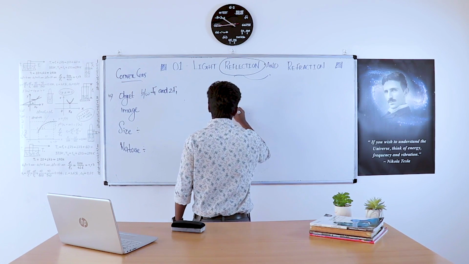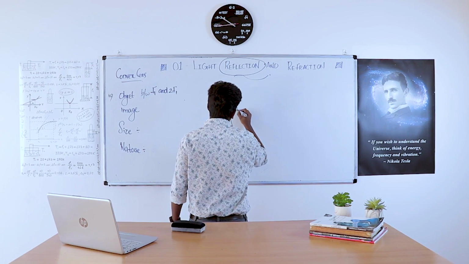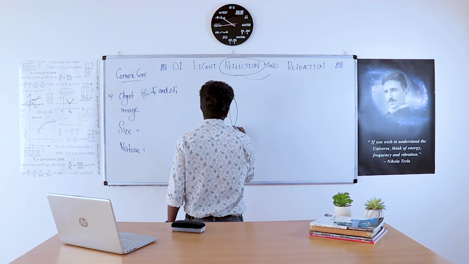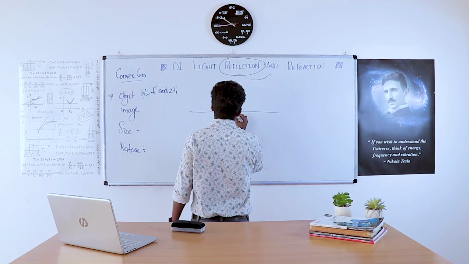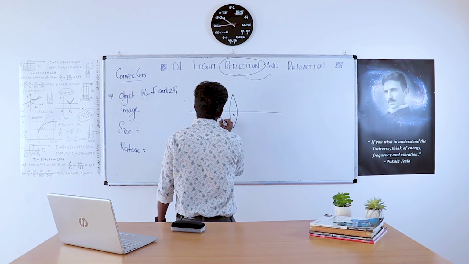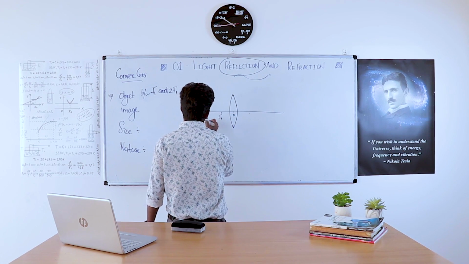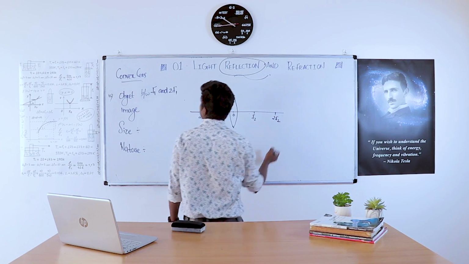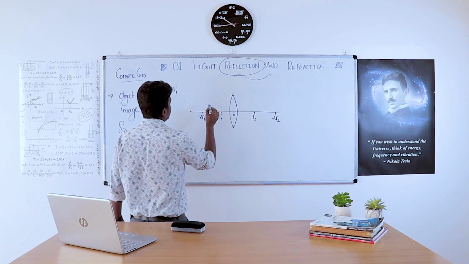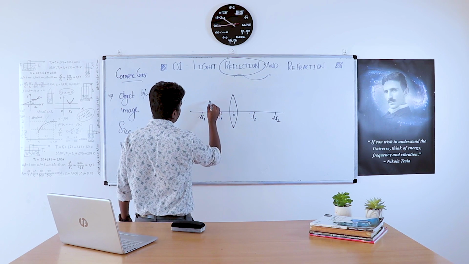We need to find where the image is formed. This is our convex lens. This is the principal axis, optic center, f1 to f1, f2 to f2. Where is the position of the object? It is between f1 and 2f1. This is our object.